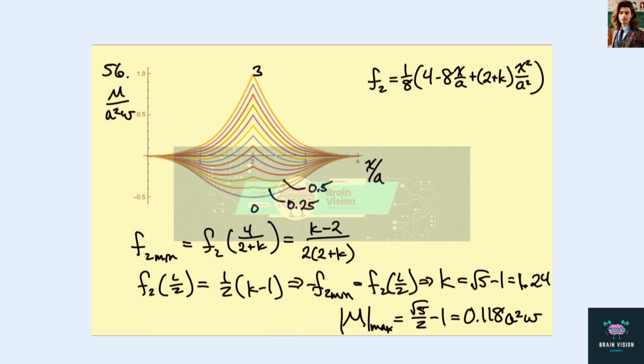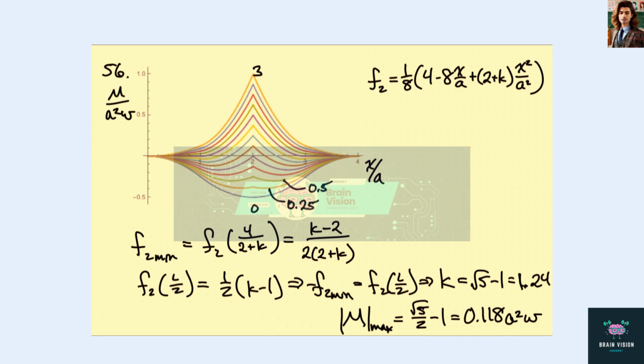So in the first case, we were told that P was W times A, where this region here had a length A, and the magnitude of the distributed load was W, which would have units of force per length.